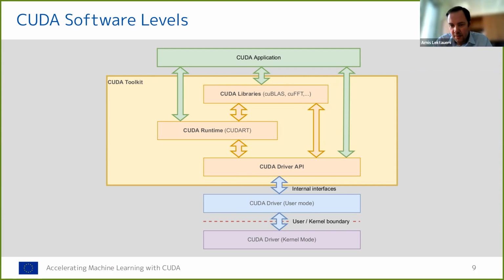The driver consists, as is common for operating systems, of user mode and kernel mode parts. That is the lowest part of CUDA software, not used directly by software developers and users.